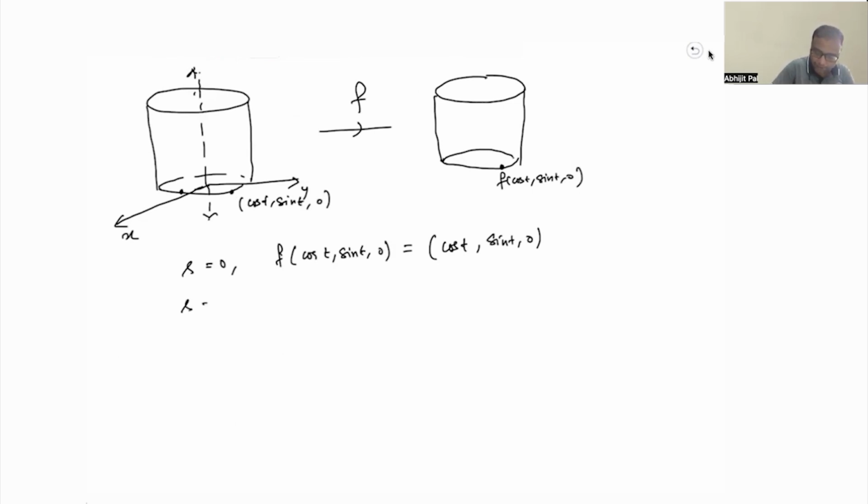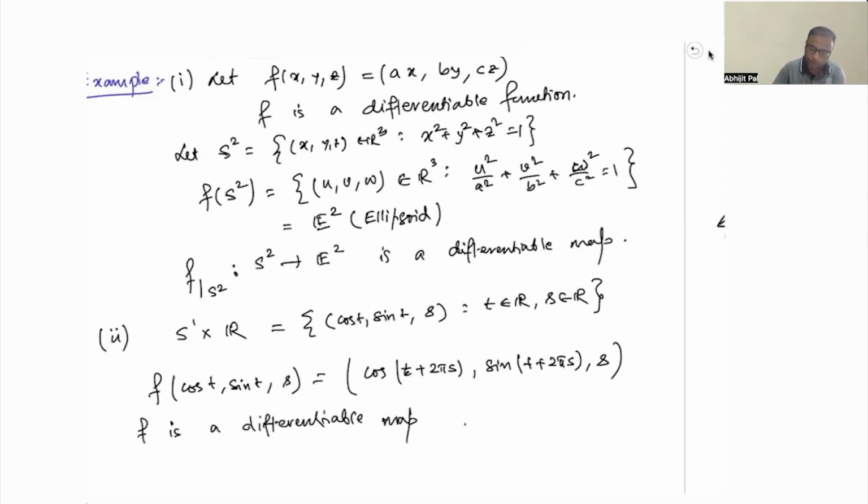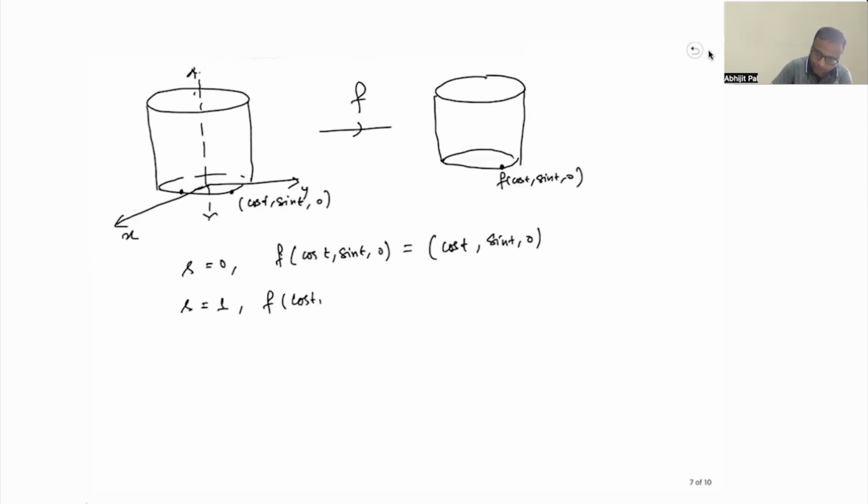Now if I take s equal to 1, f of (cos t, sin t, 1) is equal to (cos(t plus 2 pi), sin(t plus 2 pi), 1), which is again (cos t, sin t, 1).